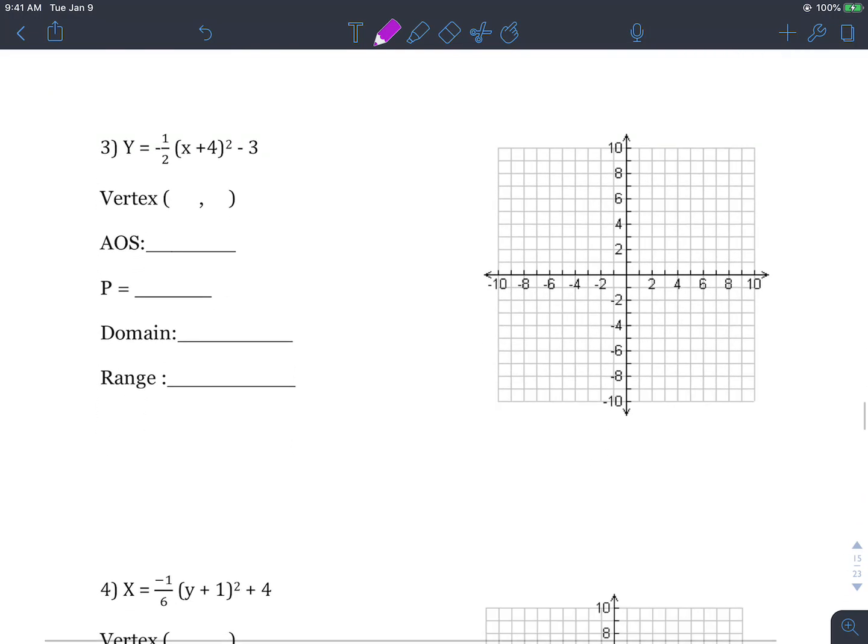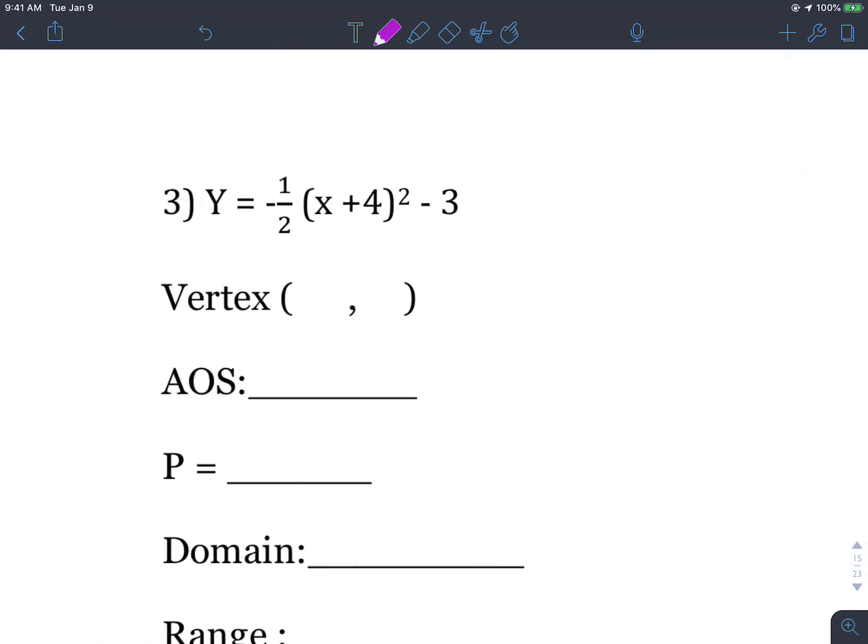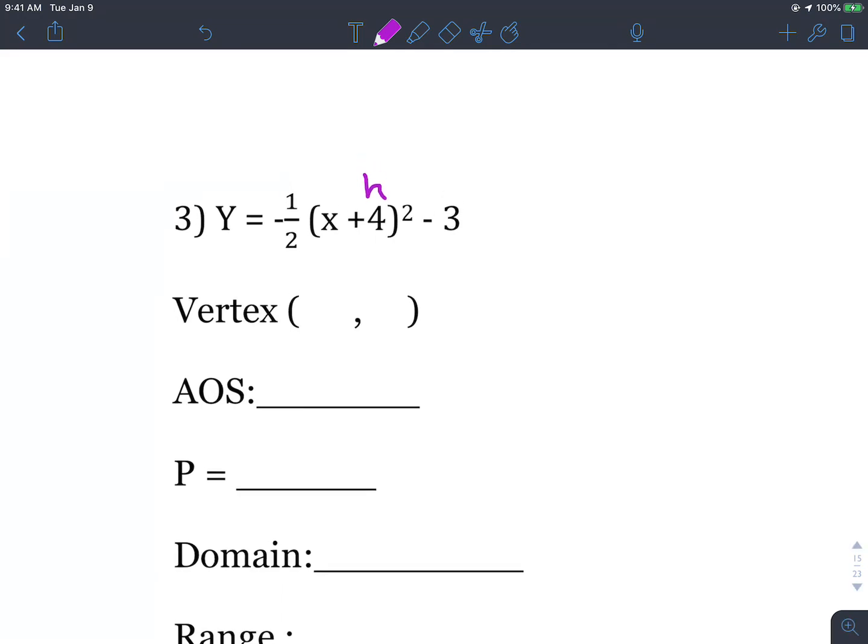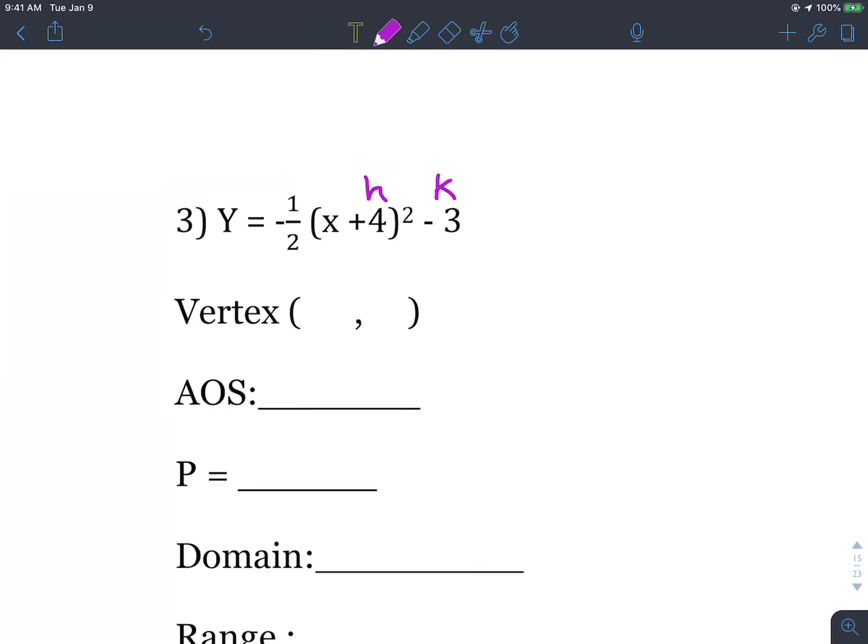All right, that's it there. All right, let's do some more here. Another y equals graph. So h and k are going to be in their normal spots. There's h, there's k. And then I guess we'll go opposite sign of the h piece. That's -4. And then -3. Axis of symmetry goes through the x on these here. If you're not sure, just graph it and you'll be able to see.